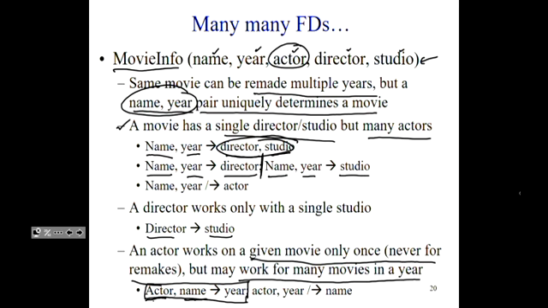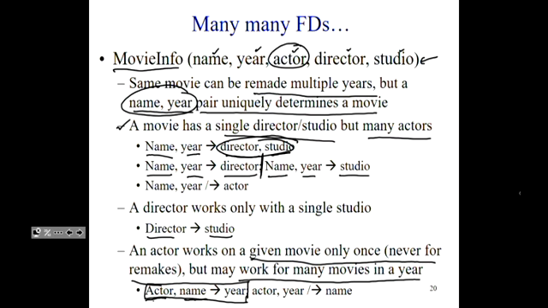So for instance, if an actor acted in King Kong in a certain year, they're not going to act in King Kong in a remake of King Kong. So actor, name implies year is a way of encoding the fact that an actor works on a given movie only once, never for remakes.